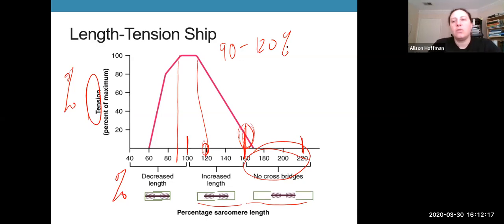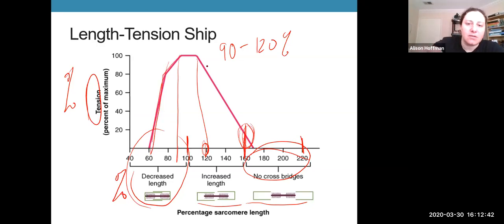If you get too stretched out beyond that, then you can't generate maximum tension when you initiate from there, like it'll take too much time. And if you overlap too much more than that, then there's just not enough overlap to generate maximum tension, okay? So we can see though that too much overlap cuts our percentage of tension a lot faster than the stretch out.